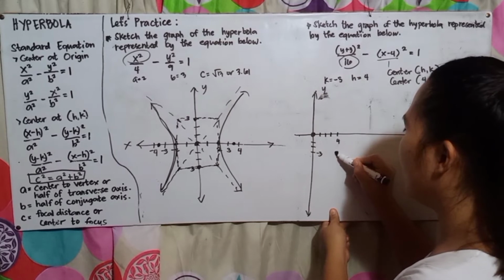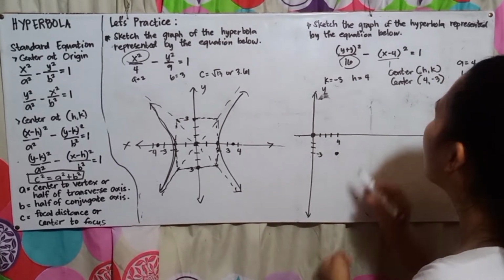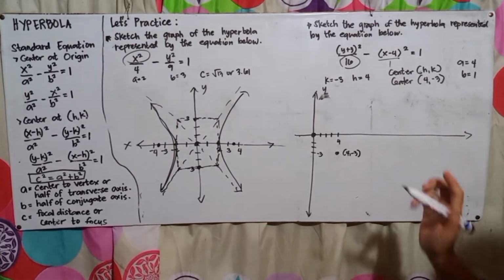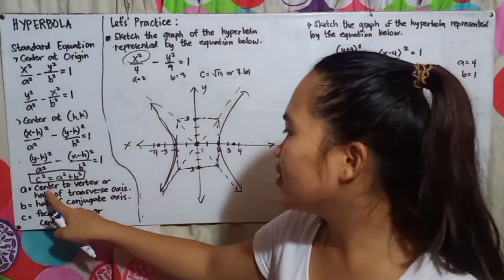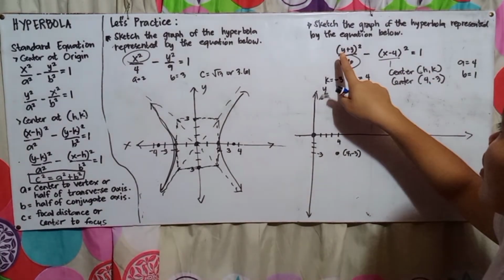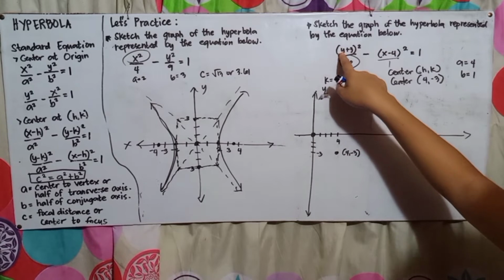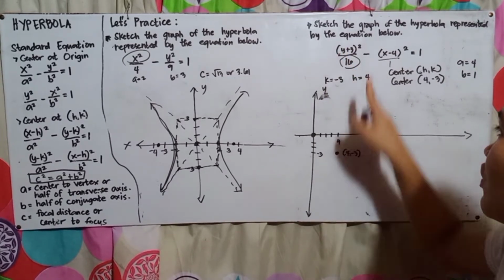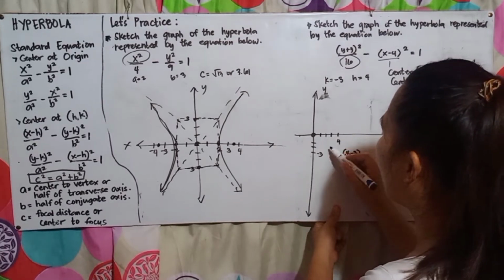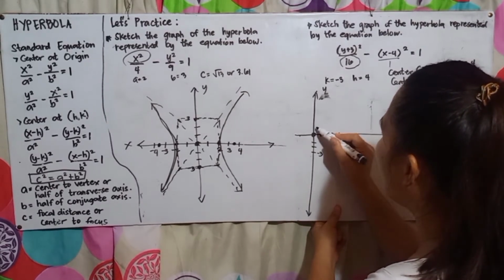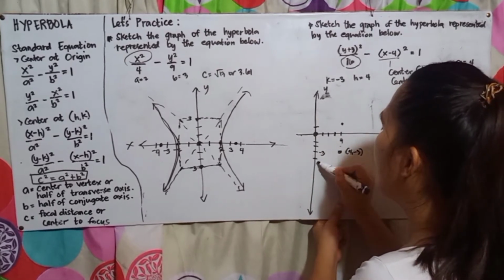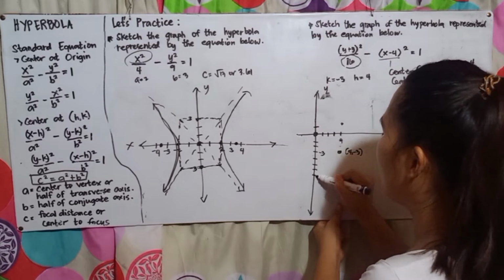So, there is 4, negative 3. So, from the center, since an A is center to vertex, and since ang orientation natin is naka-y-axis man siya, so pa y. So, from the center, mag-count tayo ng 4 units pataas. So, 1, 2, 3, 4. So, there 4 units pa ubos. 1, 2, 3, 4.